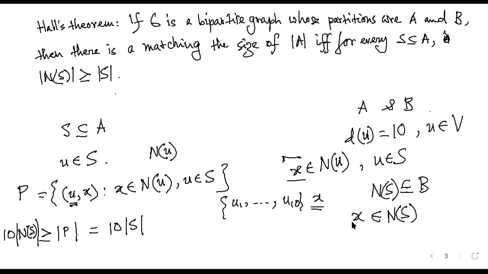Multiplying its cardinality by 10 will definitely dominate the cardinality of P. Is that clear?